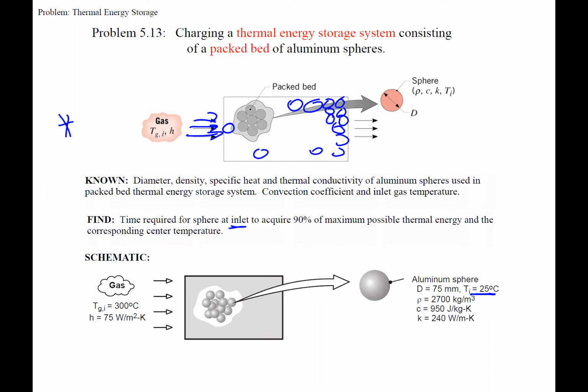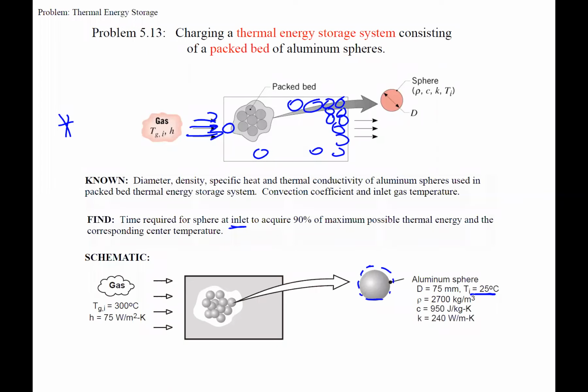The sphere is initially at a temperature of 25. We have all the properties for it, diameter, and it asks us first off what time is required for the sphere at the inlet to acquire 90% of the maximum possible thermal energy. Okay.